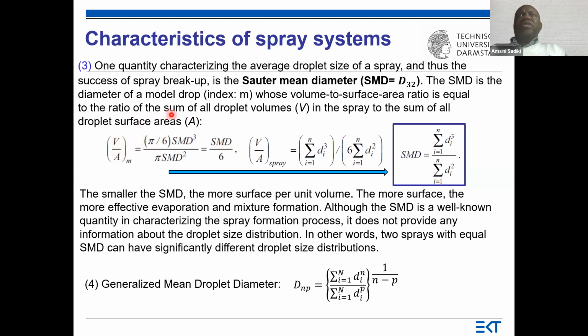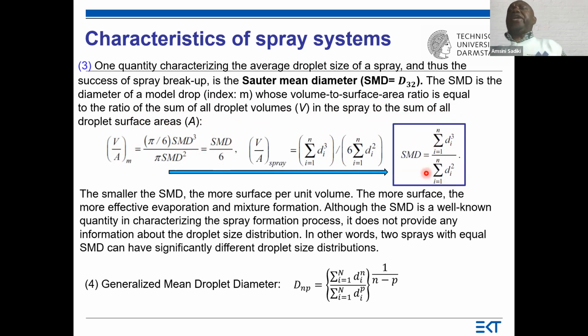It is the ratio of the sum of droplet volumes in the spray to the sum of all droplet surface areas. If our particle is spherical, we obtain this quantity. In detail, we have the sum divided by this surface, and it is the expression of this.